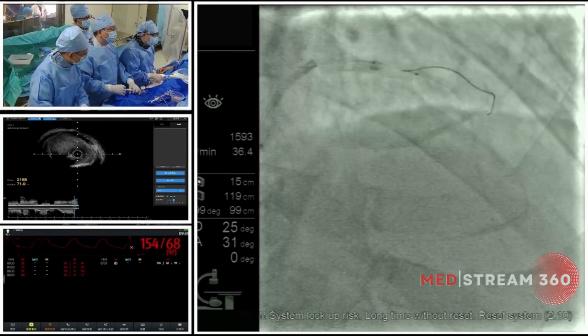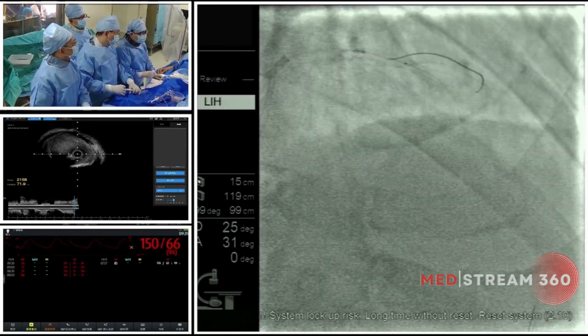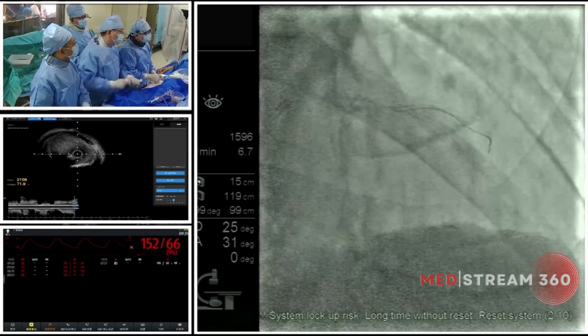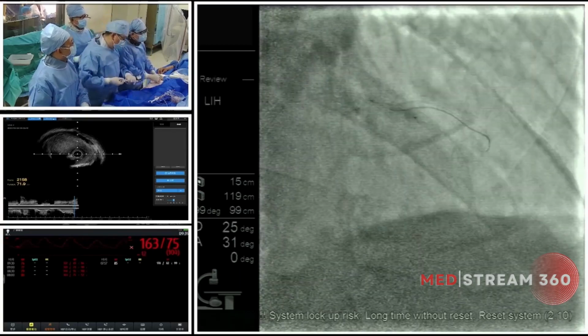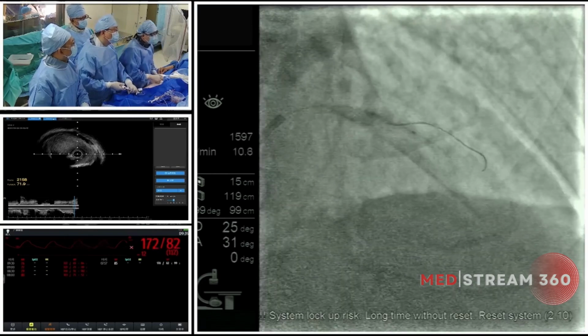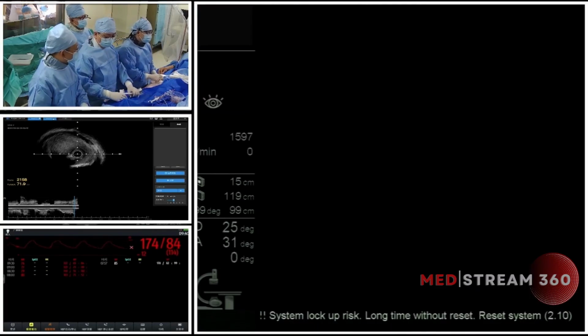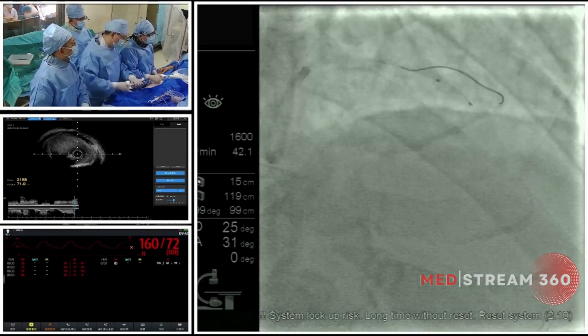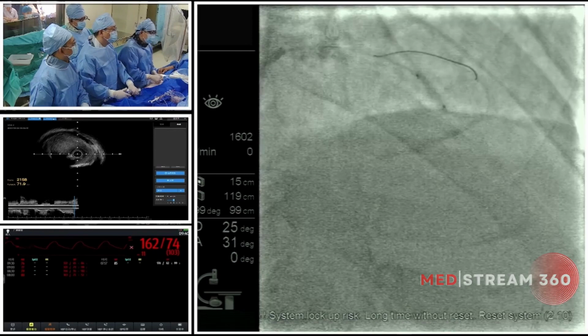Just now, we finished the NC balloon pre-dilation with 3.0. For the proximal segment, we will use a 3.5 NC balloon to get full pre-dilation and a good pre-treatment result.